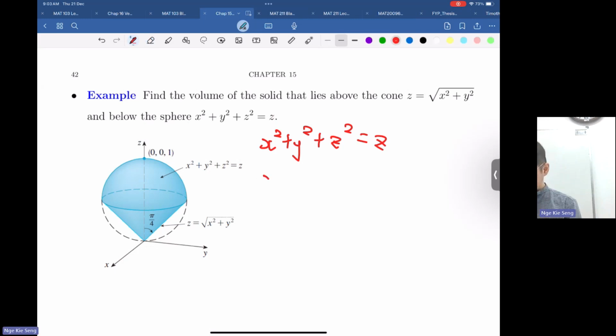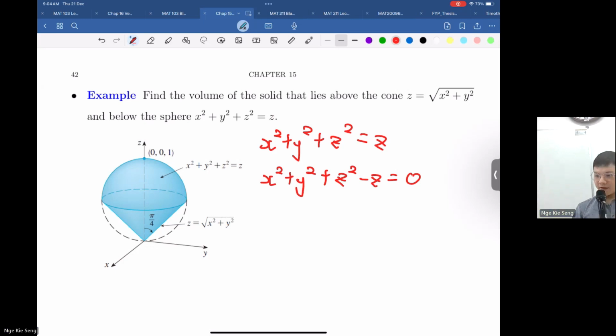You can move your z to the other side. Okay, then what? How to factorize the z into a square of something? Completing the square. So what's the number you need here?